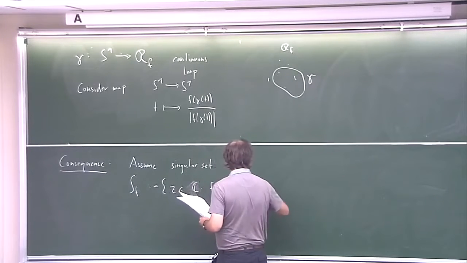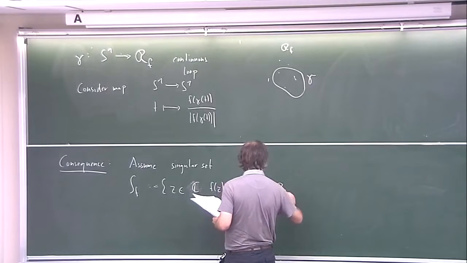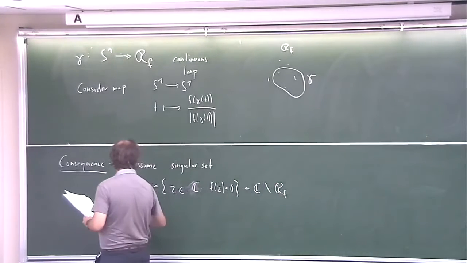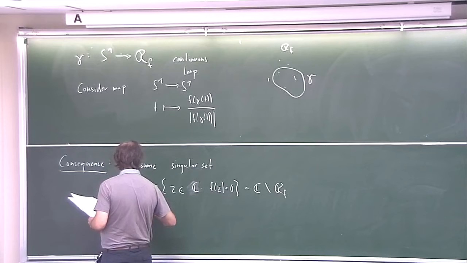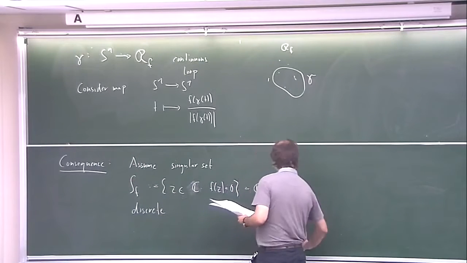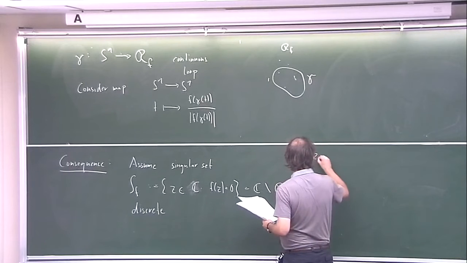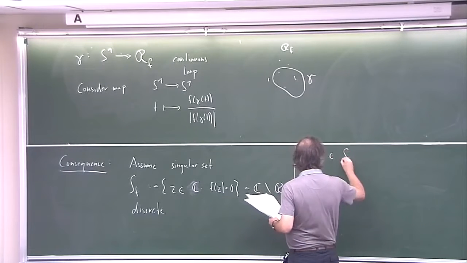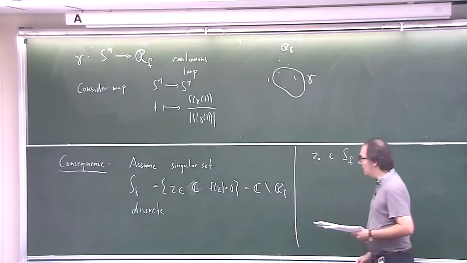So this is the complement of the regular set. Suppose that this is discrete. And let's pick Z0, a point in the singular set.